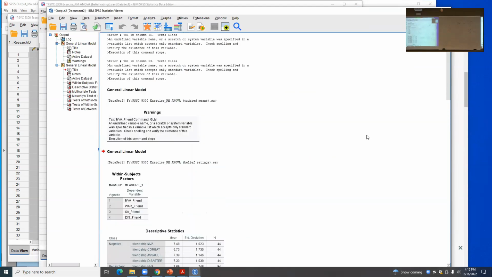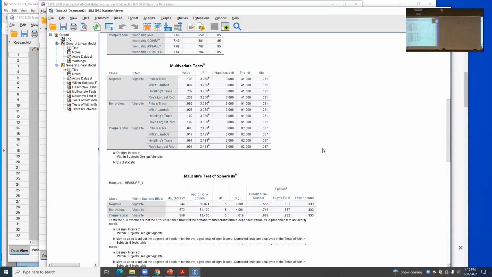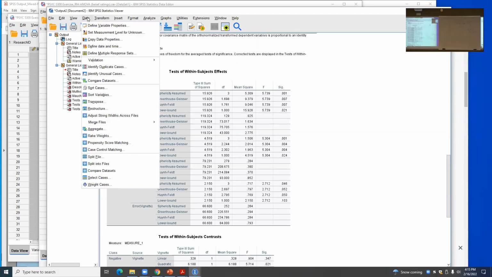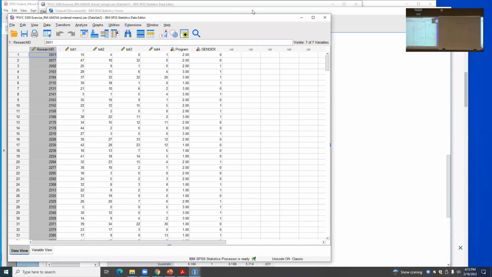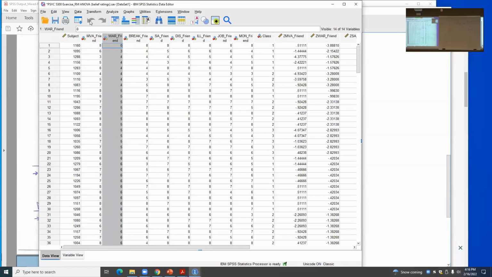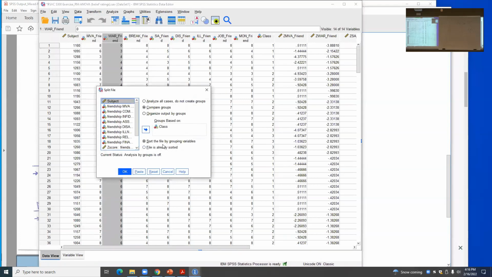Let's go to data, split file, and organize by output.